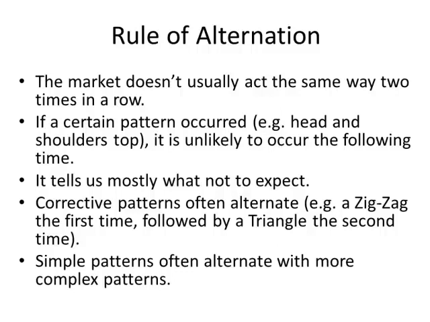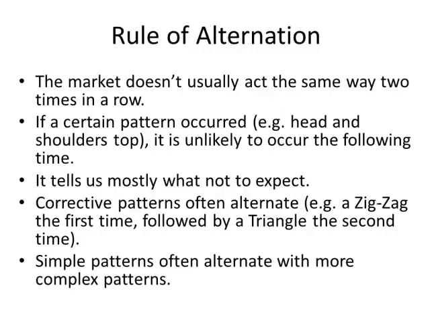So we might have a zigzag could be one of the corrective patterns, and then we could have a triangle in the second corrective pattern, or we could have a flat. So there are these different types of corrective patterns, but we are very unlikely to see two zigzag corrective patterns in a row. We normally like to see a zigzag, then maybe a triangle, and then maybe back to a zigzag. So that is the rule of alternation.